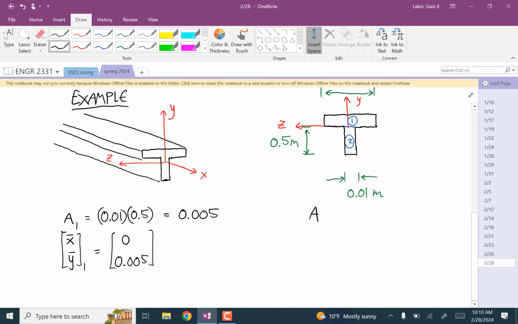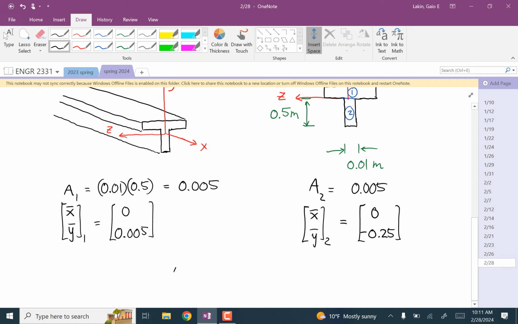And then for rectangle 2, the area is the same. And the centroid is 0 for x, negative 0.25 for y. A total is 0.01.